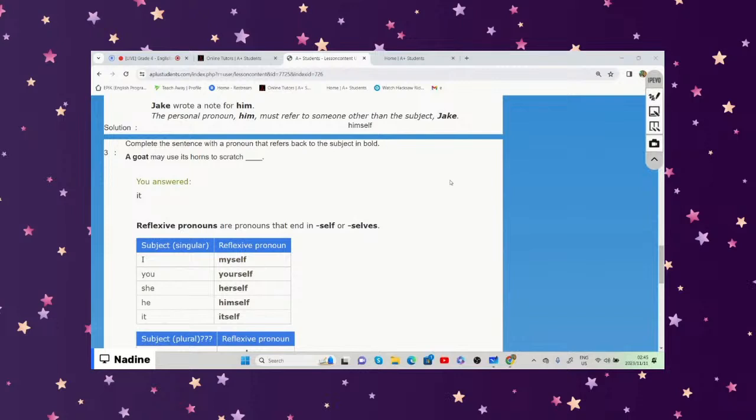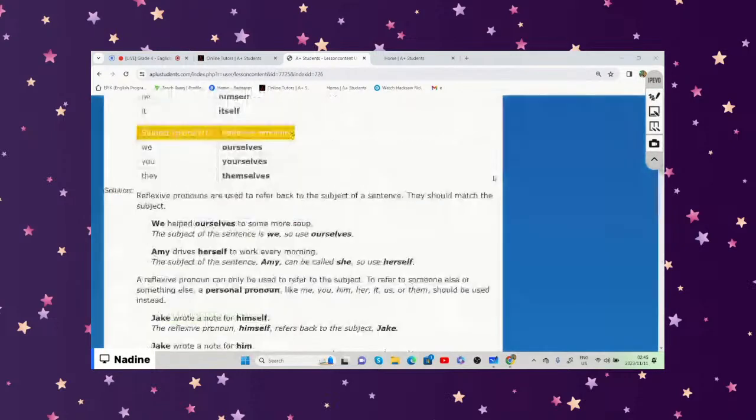All right, so we will then select that a goat may use its horns to scratch itself. Yes, itself is correct. So well done. Itself is correct.